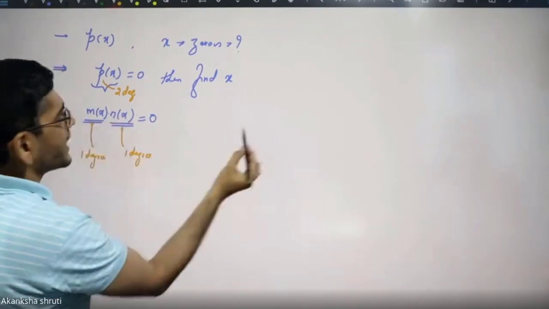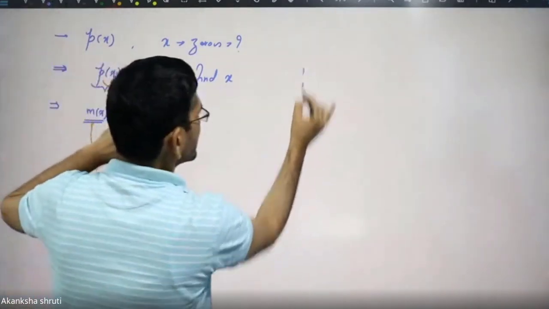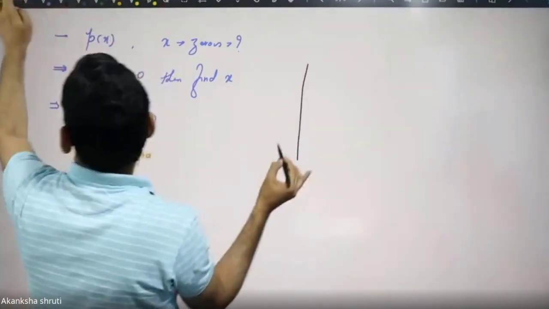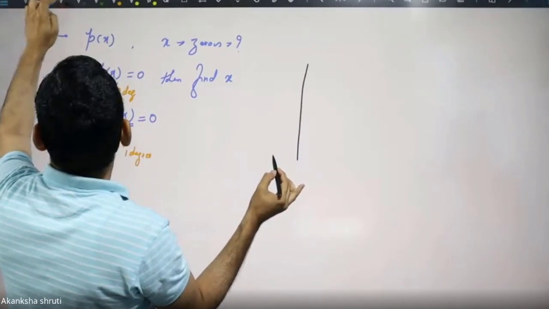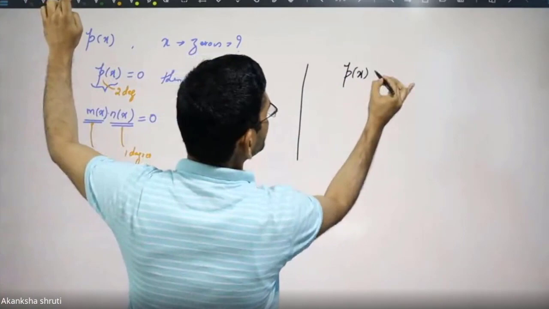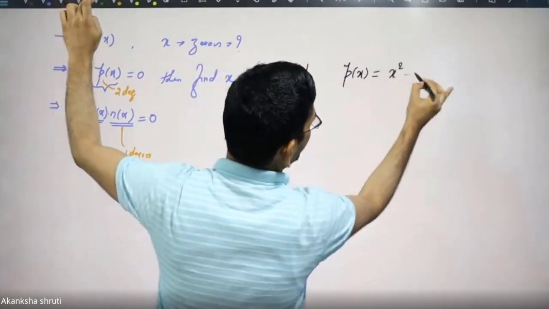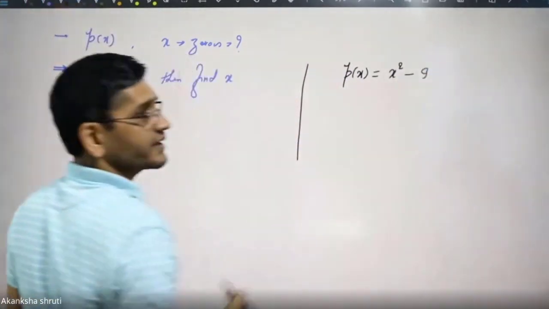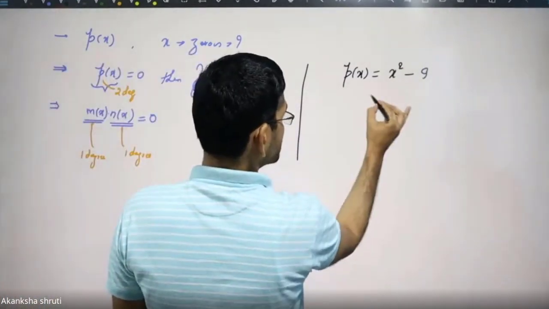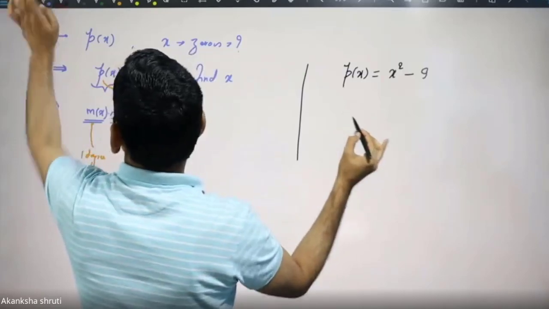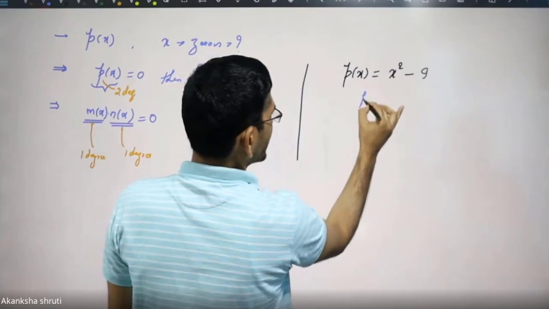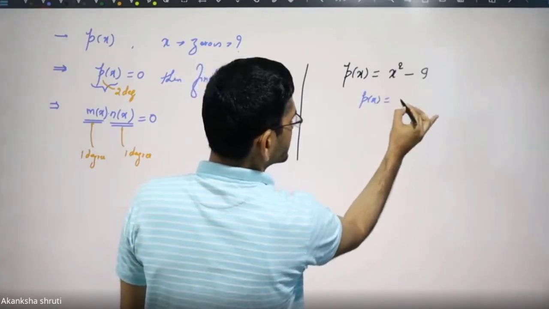Students, let us consider a polynomial given as p(x) equals x square minus 9. Getting it now? To find the zeros, first we equate this polynomial to 0.